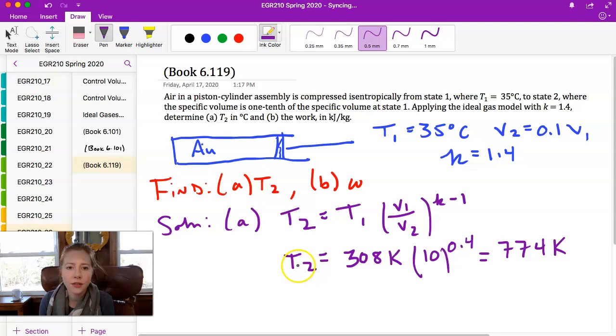It asked for T2 in degrees Celsius, so we just have to subtract off 273, and so that's going to be 501 degrees Celsius.